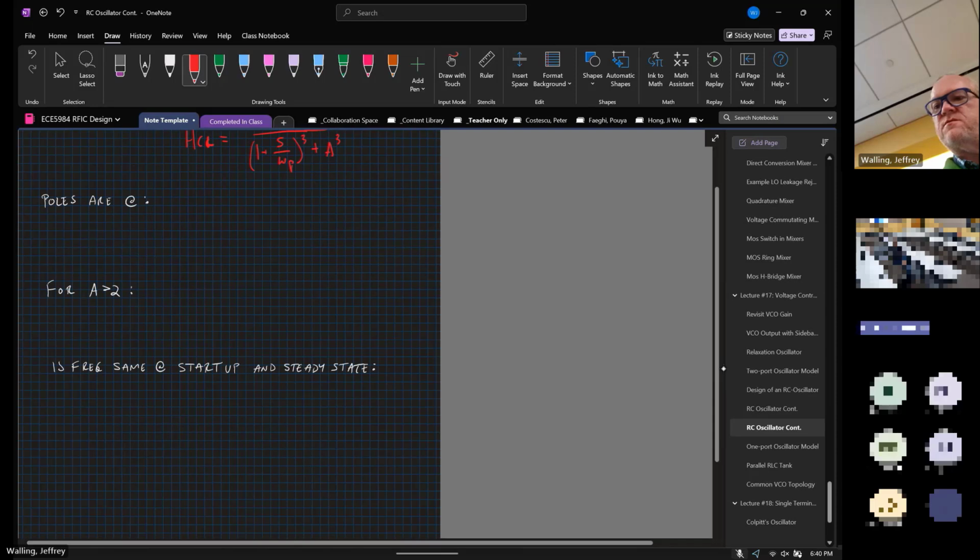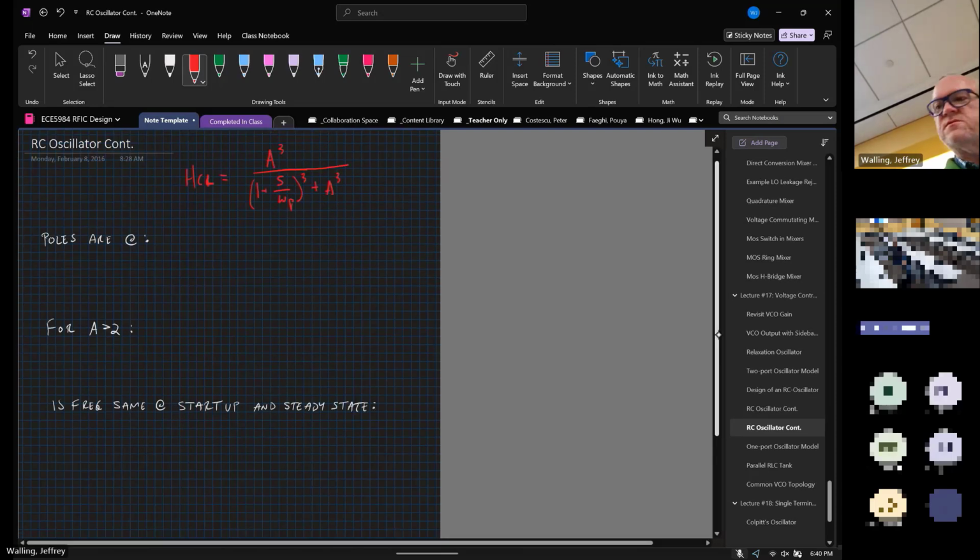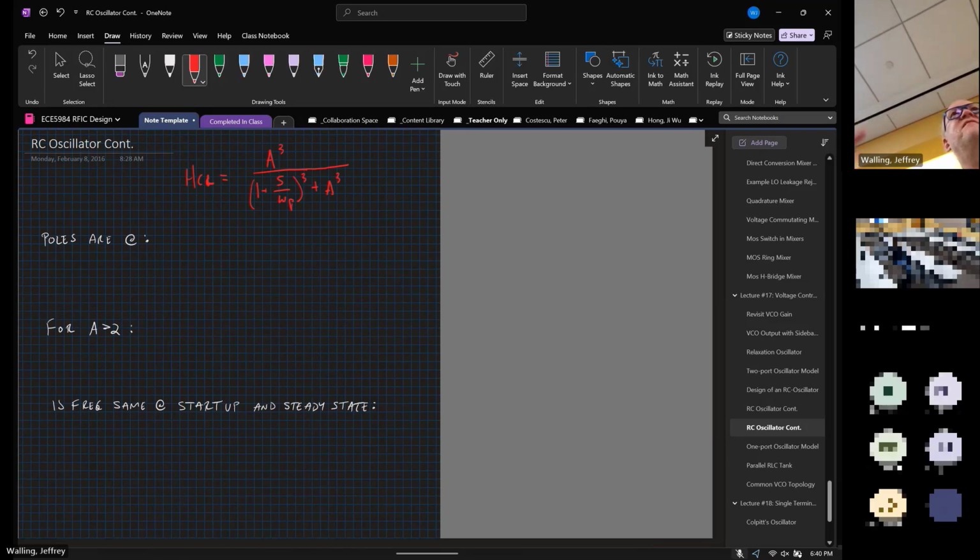Something like this for our transfer function, and we can find the poles. And there are going to be how many poles? 3, all right? We got a third order in the denominator.